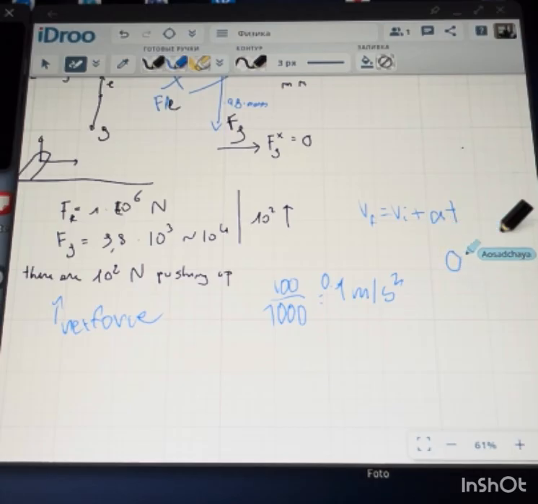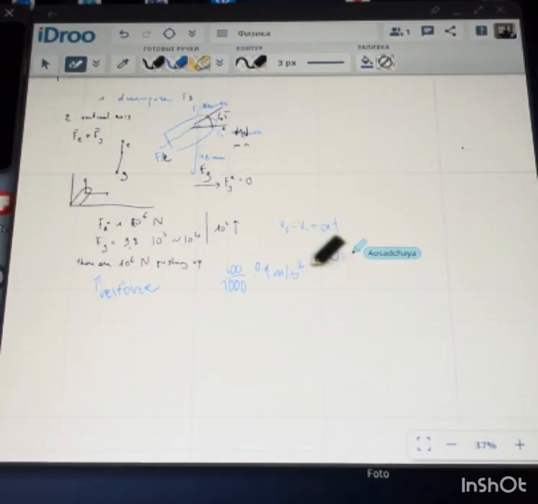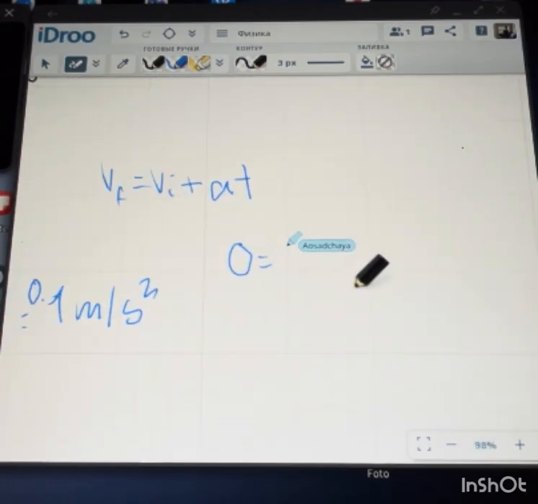So 0 equals 0 plus acceleration times time, 0.1. Wait, I don't think this is right, because t would have to be 0.